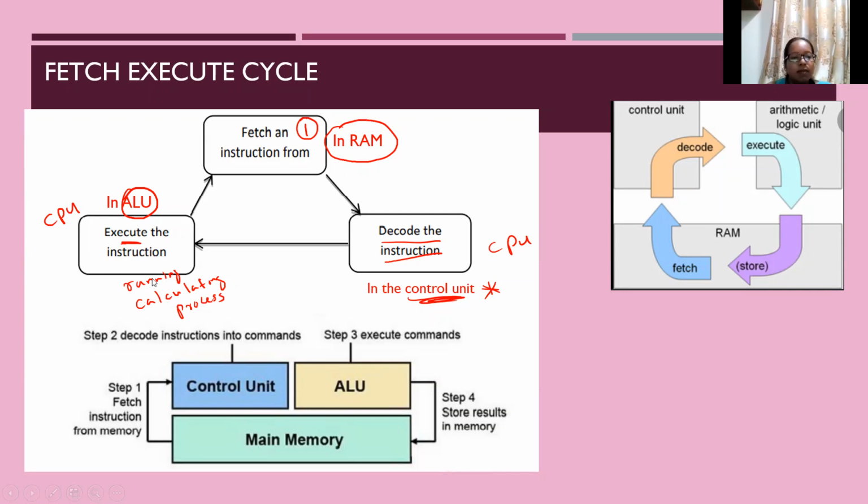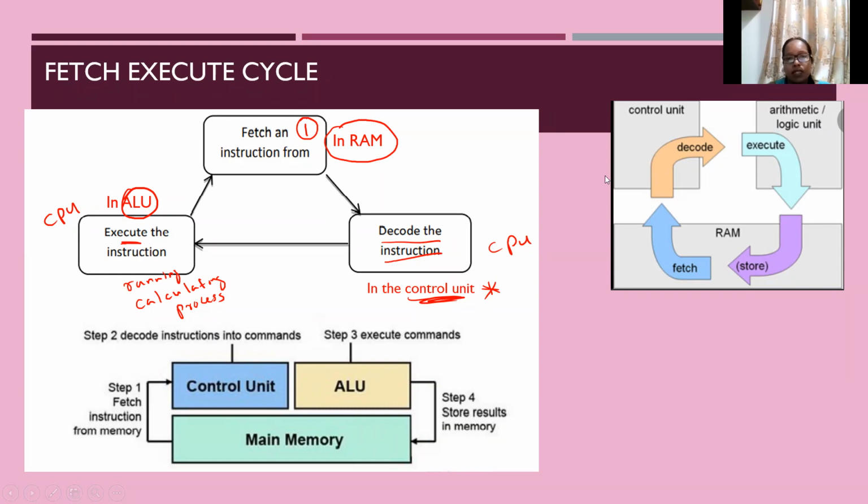The actual processing happens there, by the ALU. After executing, the CPU will take another instruction from RAM, decode it by the control unit, and execute it by the ALU, and it goes on like a cycle.